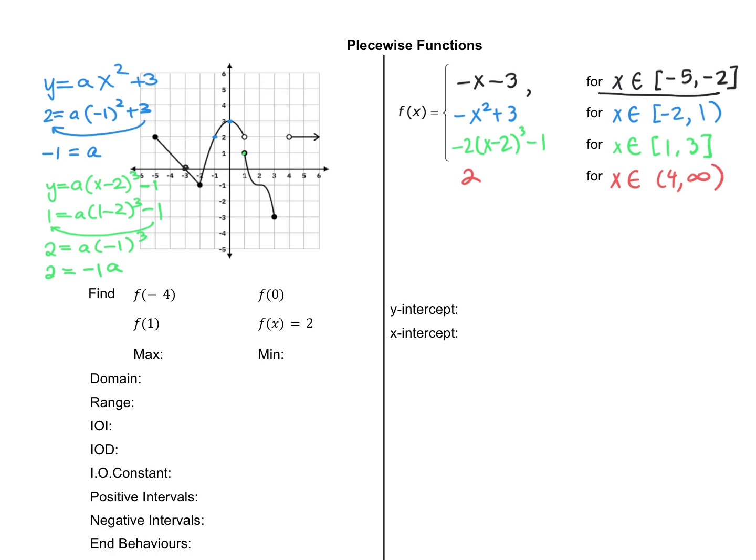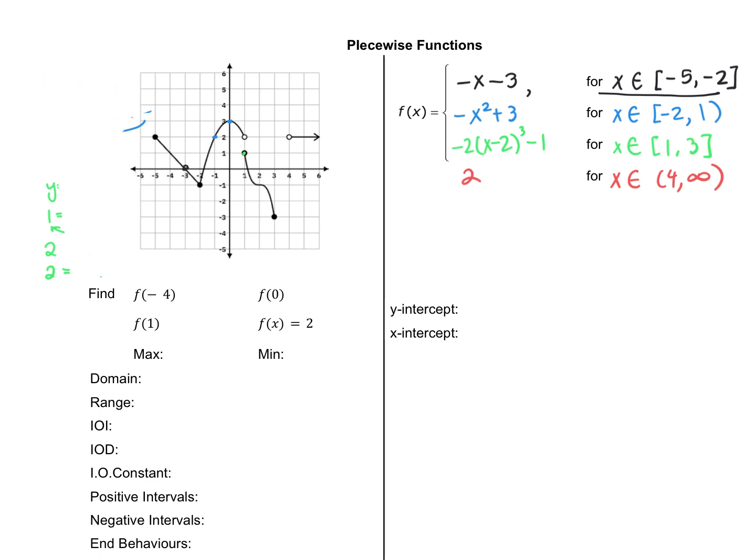And that's how we find the equation of a piecewise function. We're just using our prior knowledge of finding equations, whether it's for lines, parabolas, cubic, horizontal lines. We could have square roots on here, we can have sinusoidals, rational, exponential, any of those base functions we have seen in the past.